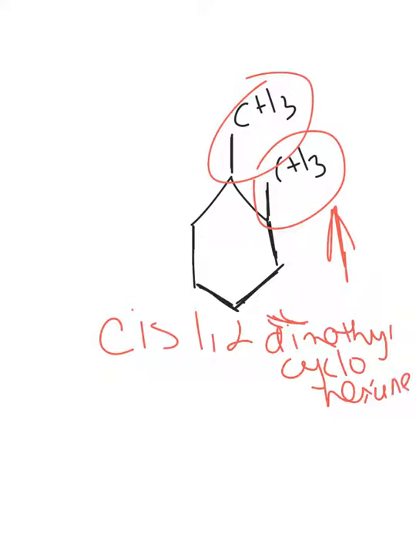Okay, and so if we were to then draw it again as trans-1,2-dimethylcyclohexane, one of my methyl groups is going to be facing the other way. So if we just clear the board here, let me just erase this.